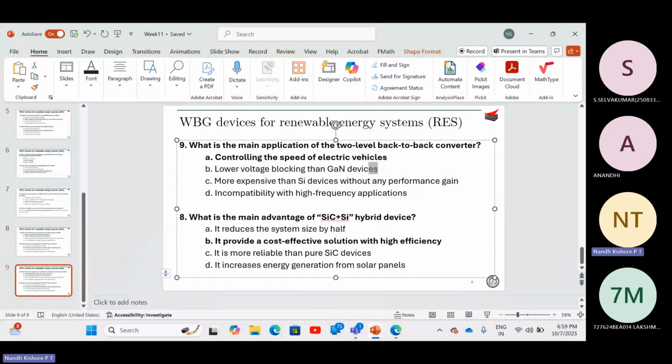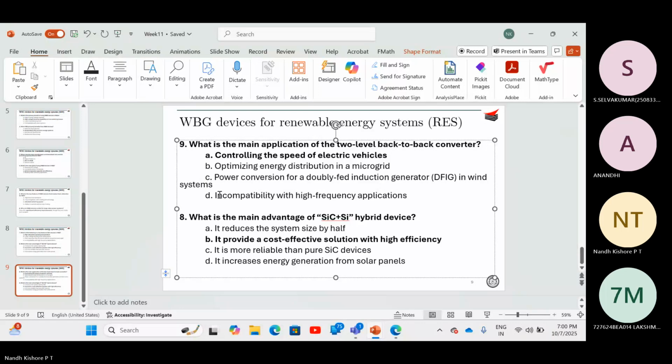Controlling the speed of electric vehicles, optimizing energy distribution in a microgrid, conversion or doubly fed induction systems, battery life.